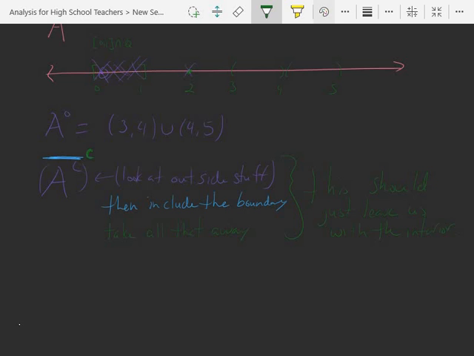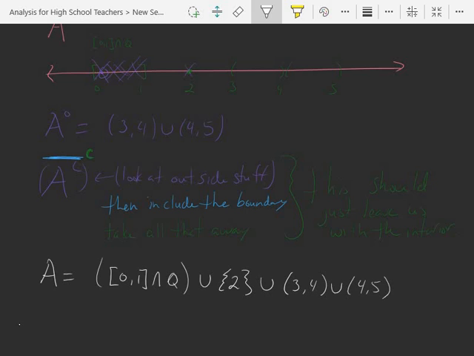So, here's A. It's 0, 1, intersect the rationals. We've got a union with the number 2, and a union with 3 to 4, and a union with 4 to 5.